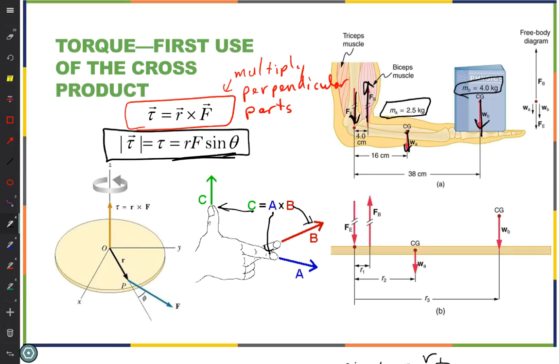How many forces do I not know if I only gave you those two masses? And of course, I have to have all of the distances for this. So I give you those three distances and the two masses. How many forces do you not know? Two. Of those two, I only asked for one, the biceps. So I don't know the force of the bone on bone, called FE for force elbow here.